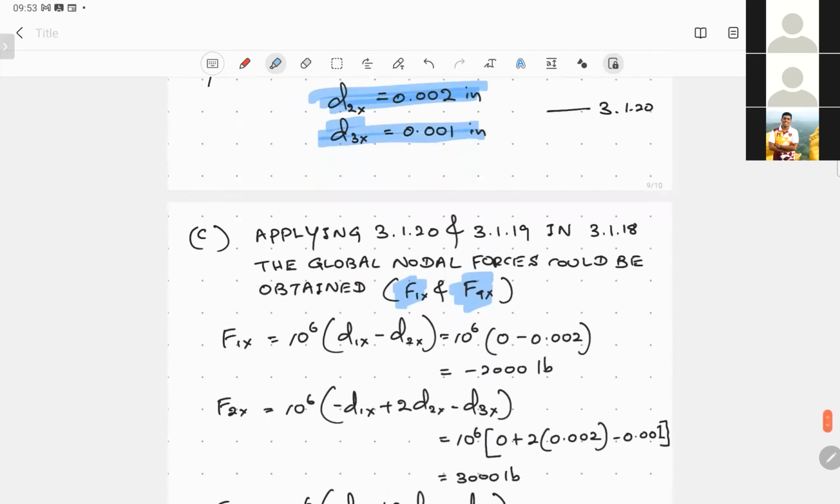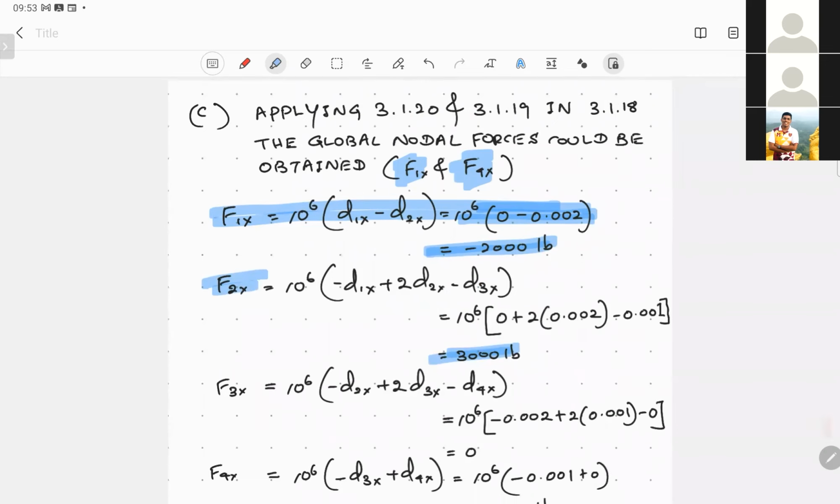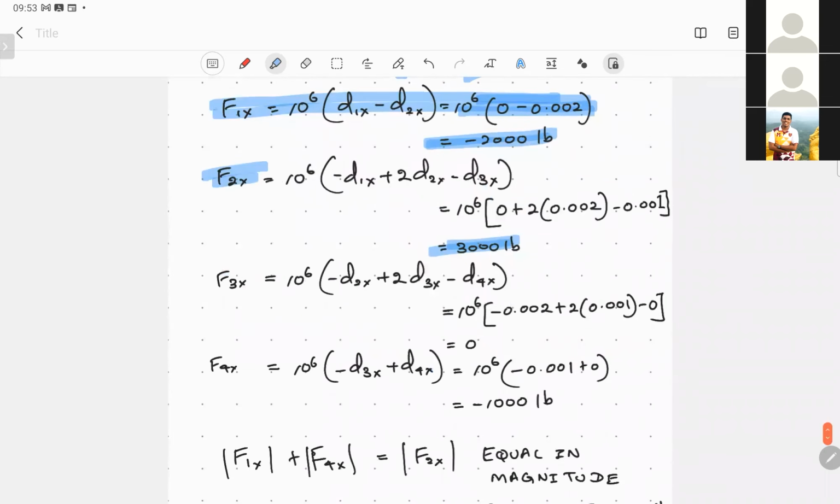When you substitute these values, this is nothing but simply solving algebraic equations, you would get the reaction forces at node number 1 and node number 2 to be minus 2,000 pounds at node number 1 and 3,000 pounds at node number 2.